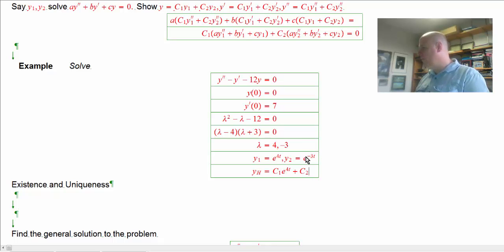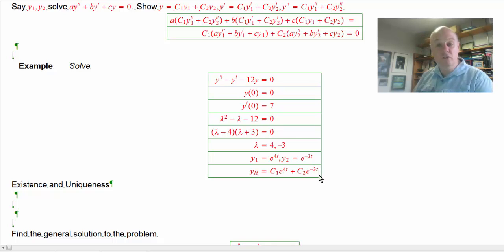So I'm labeling these constants right now C1 and C2. How do I find these constants? Initial conditions. That's how I find the constants. So here's my solution. All I need are the C's, and I'm going to find those by the initial conditions.